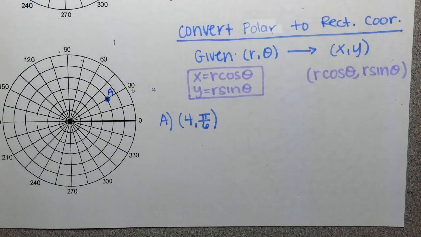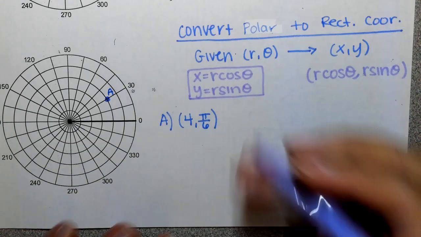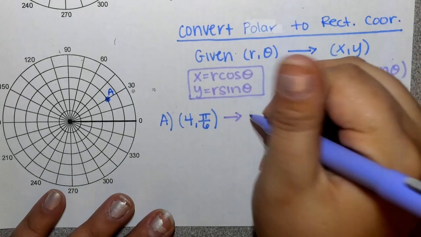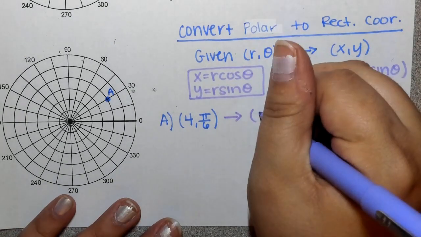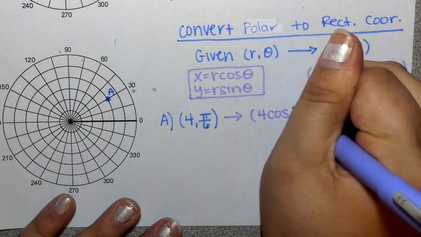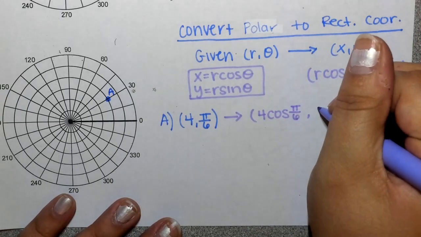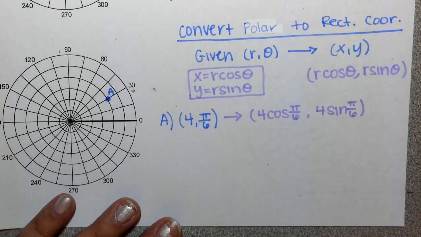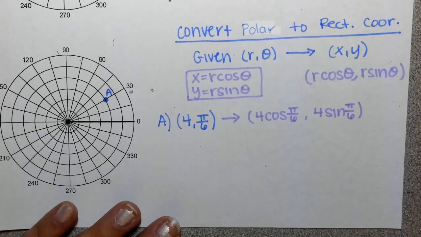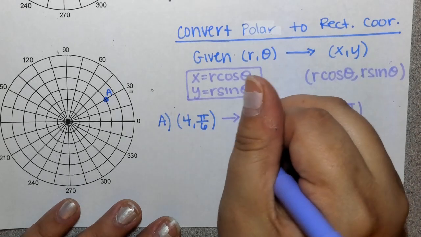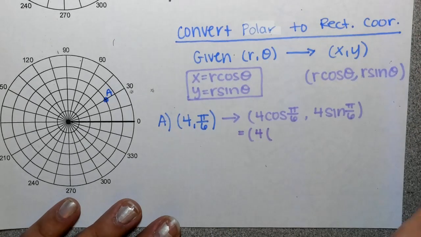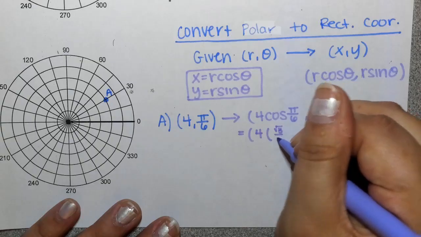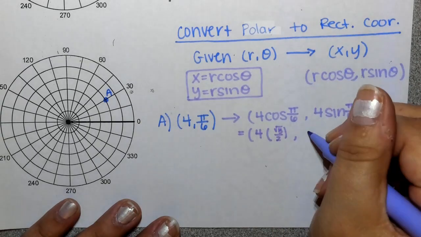Did you plot it right there? Okay, so how do I convert that now? Just do r cosine of pi over 6, r sine of pi over 6. What is the cosine of pi over 6? Root 3 over 2. Times 4.